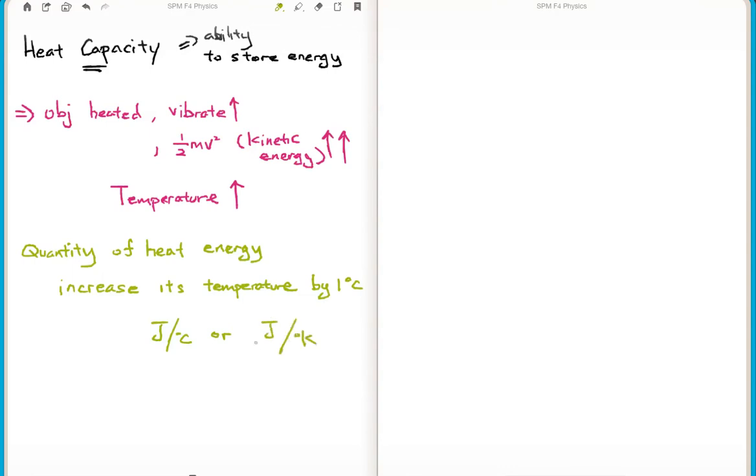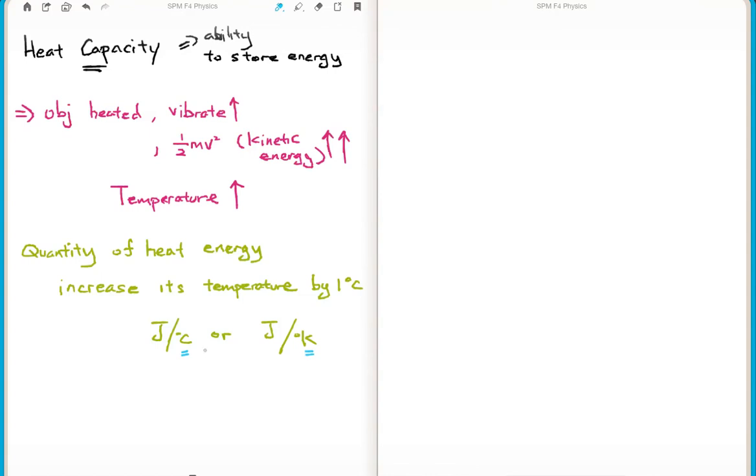Now why is it so? Why is the C and K the same? Because the increment, you look at the Celsius scale and Kelvin scale, they are of the same distance. The scales are the same. That's why it's okay to put Kelvin and Celsius over here.